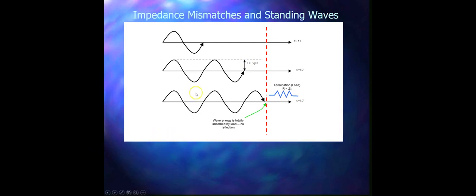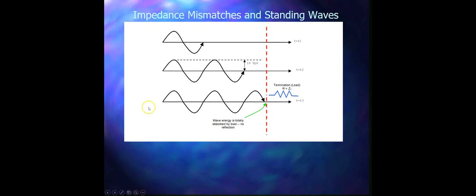The example you see here on the screen is of a matched transmission line where the load resistance is equal to the characteristic impedance, and there is no reflection into the line. So the line termination is perfect. It says here the wave energy is totally absorbed by the line and there is no reflection.